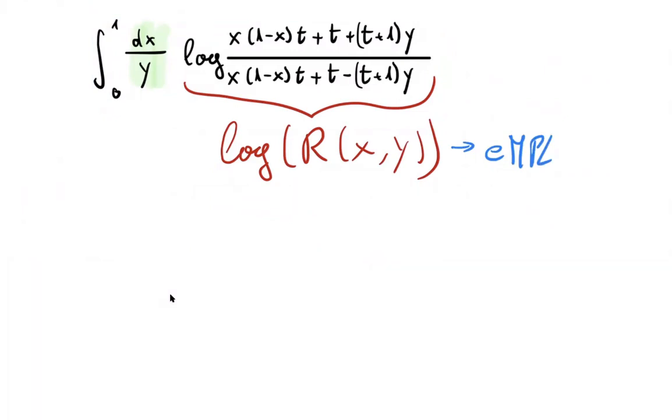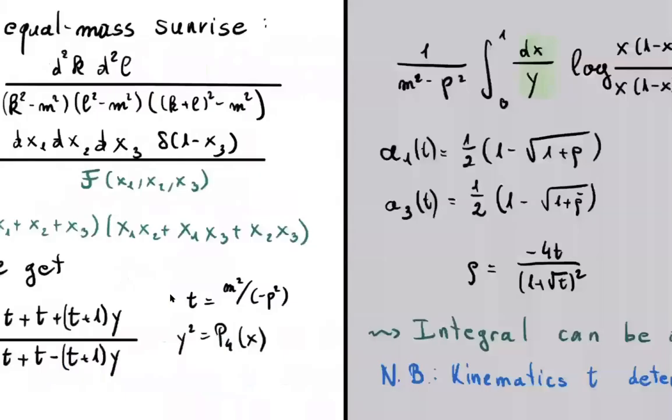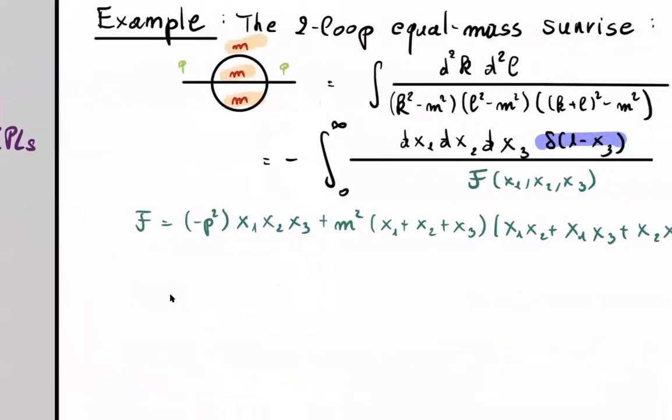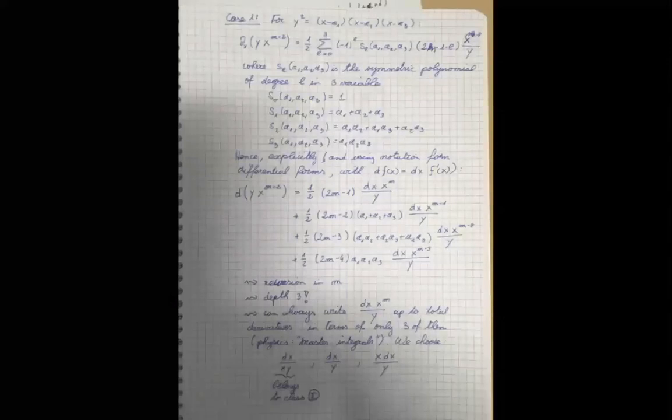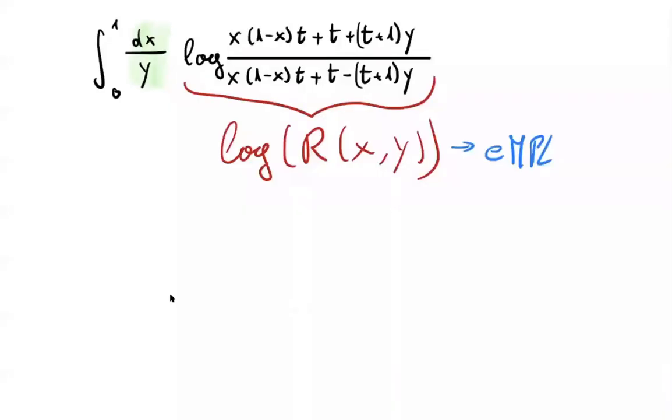Okay, because remember that we had this corollary that said every multiple polylog with arguments a rational function on the curve are elliptic polylogs. So this differential, the first time, multiplied by an elliptic polylog.